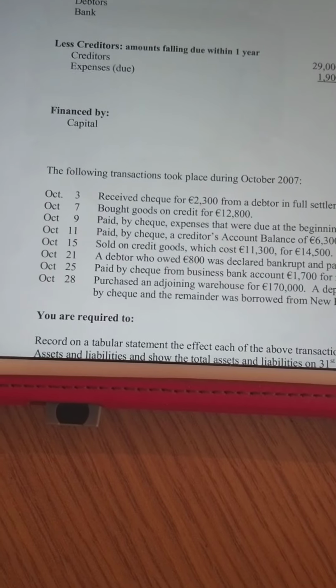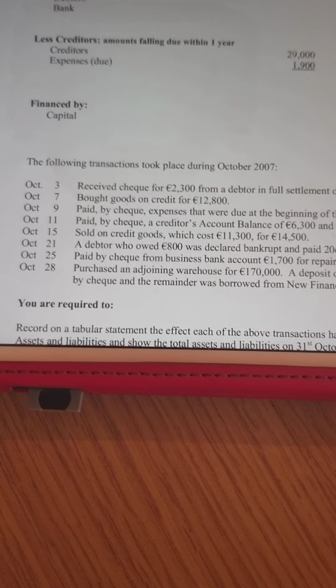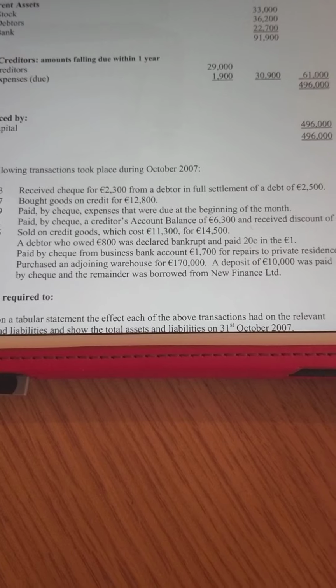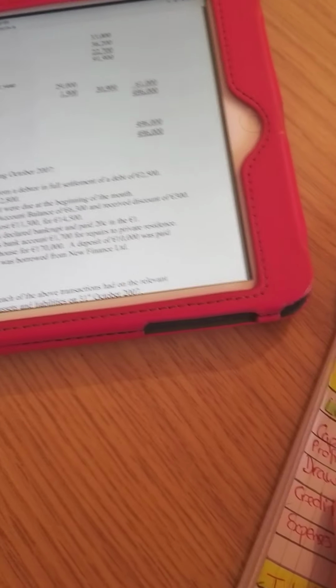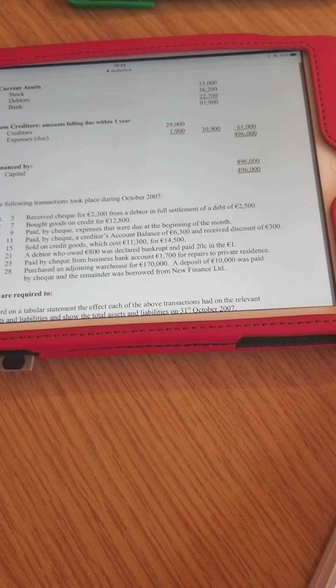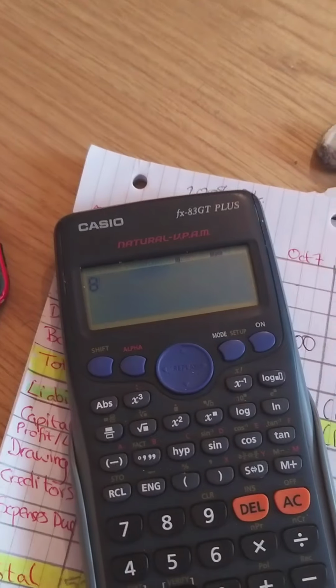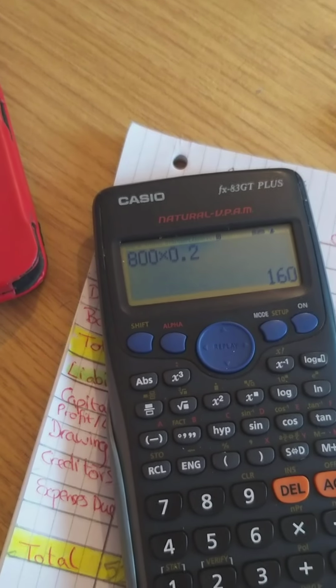Right, the next thing we're looking at is October the 21st. A debtor owed 800 was declared bankrupt and paid 20 cents in the euro. Okay, so we get our calculator. So that tells us that for every euro they owed us, they only gave us 20 cents. So it'll be 800 multiplied by 0.2. 160 is how much they paid us, okay?